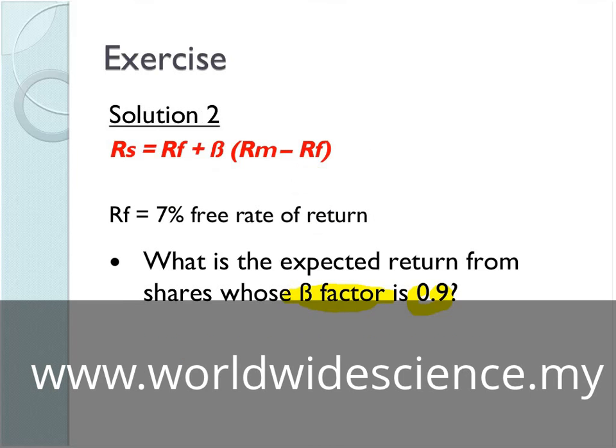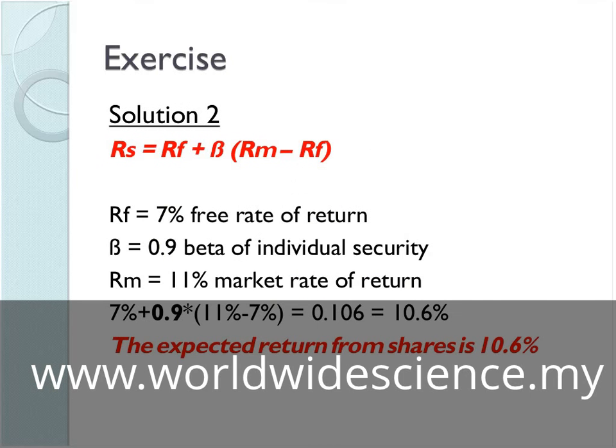Let's see the solution. When we use the same formula, we apply the risk-free return, the beta, and the market rate of return to our formula, and we get the answer 10.6%. This is the expected return from the shares.